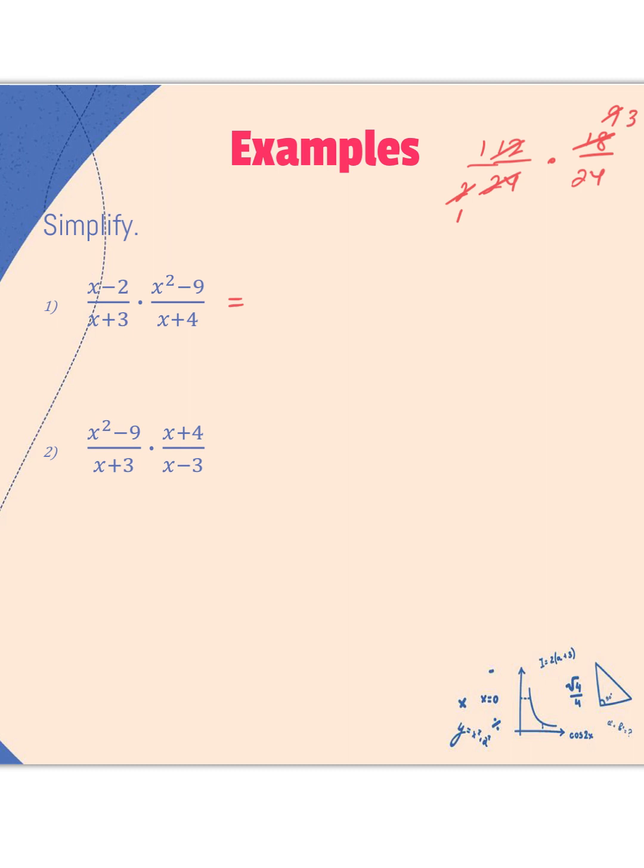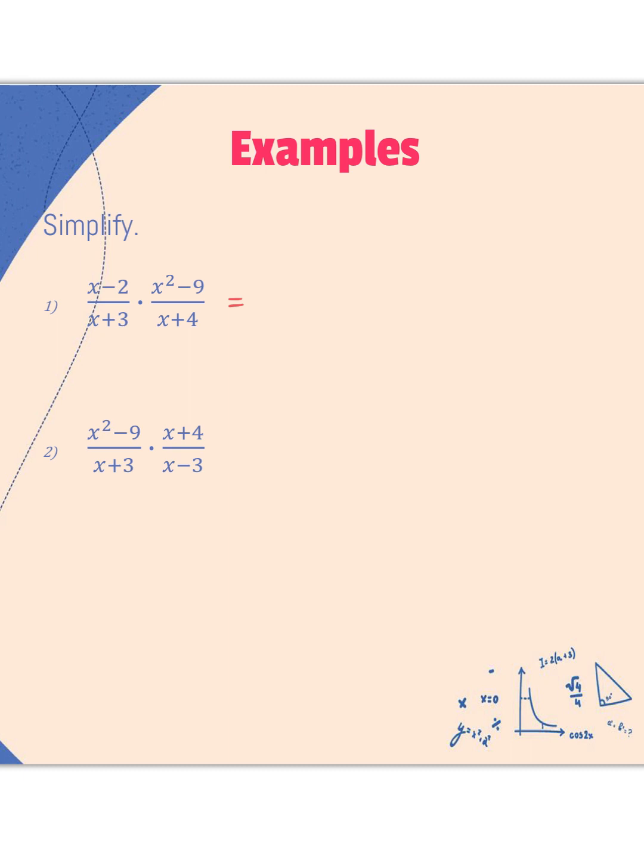So 3 goes into 9 3 times and into 24 8 times, and what's left over is 1 times 3, which is 3, and 1 times 8, which is 8. Notice that I never had to get to those ugly numbers, 216 and 576. So canceling common factors prior to multiplication is a great strategy to make things a little bit easier.